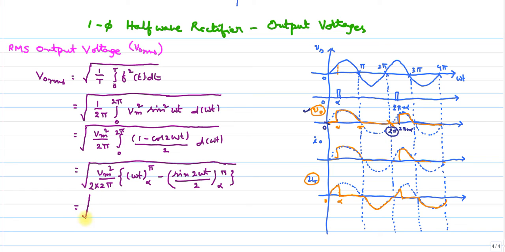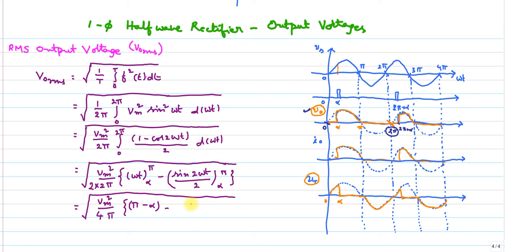So square root of Vm square by 4 pi, it is pi minus alpha minus sine 2 pi, which is 0.